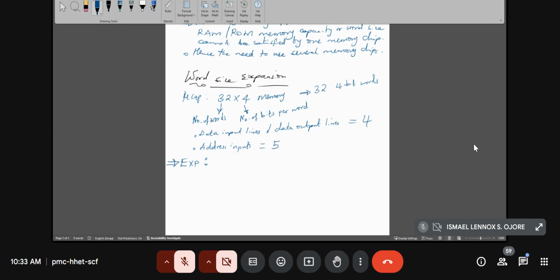So as an example, you want to obtain a 16 by 8 RAM memory from a 16 by 4 RAM memory.